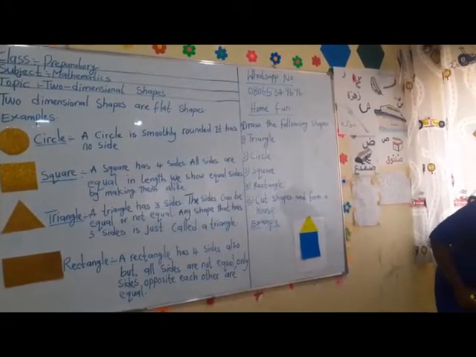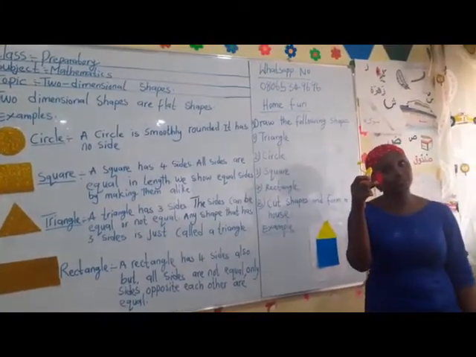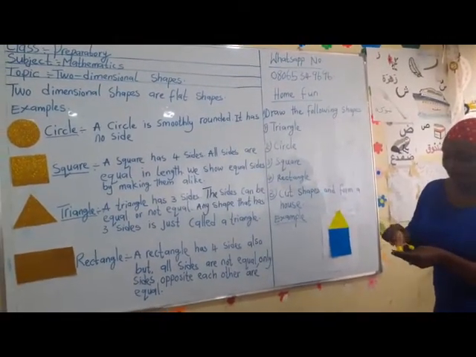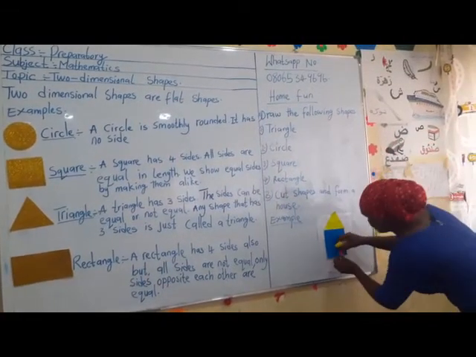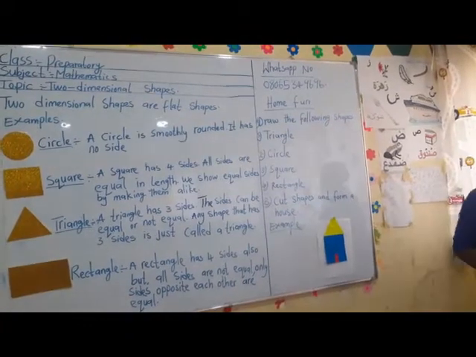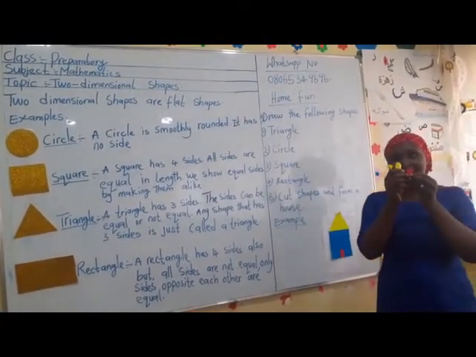Then the next shape is a rectangle. What is this shape? Rectangle. This is your rectangle. You put it here. This is your door. Can you see it? Interesting. This is a square.